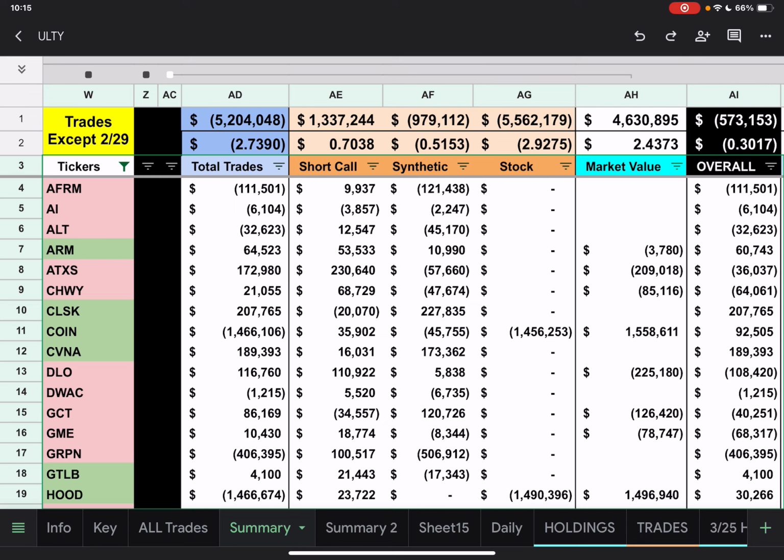So at the top is just a summary of what's at the bottom. The first line will be a summary of all the trades, all the short calls, and so on. The second line is if we divided the current outstanding shares into the total profit or loss, and that's how much it would be per share based on today's share count.